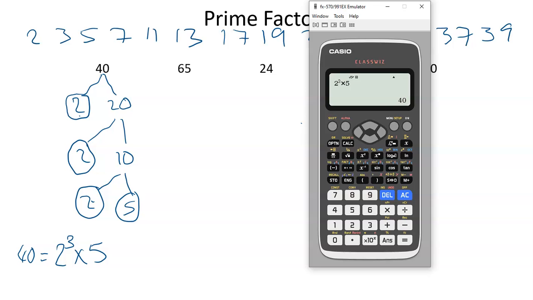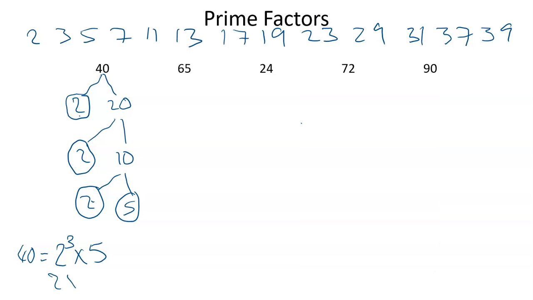And so that just means using powers instead of saying 2 times 2 times 2 times 5, grouping those 2's together with a cube to say there's 3 of them times together, and product means writing it out as lots of numbers times together. So same for 65, just be careful.